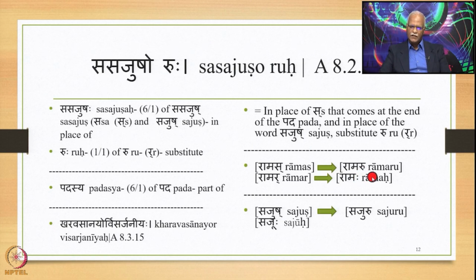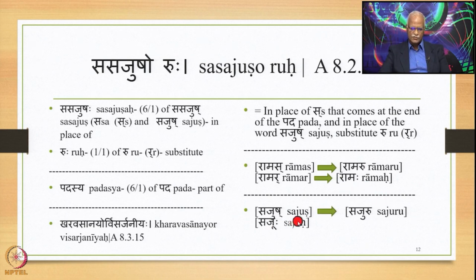and then this Ramaru is substituted by Ramara, and finally this Ra is substituted by the Visarga. So, finally we get the form Ramaha, which is 1/1.